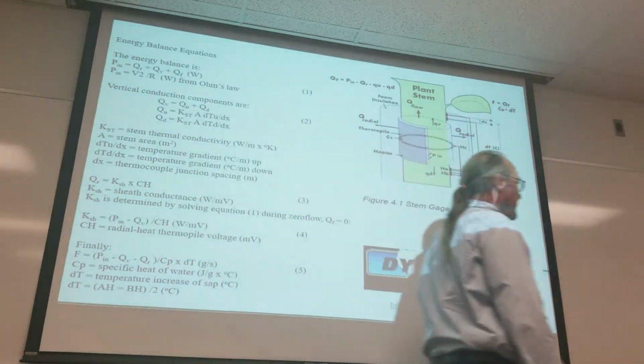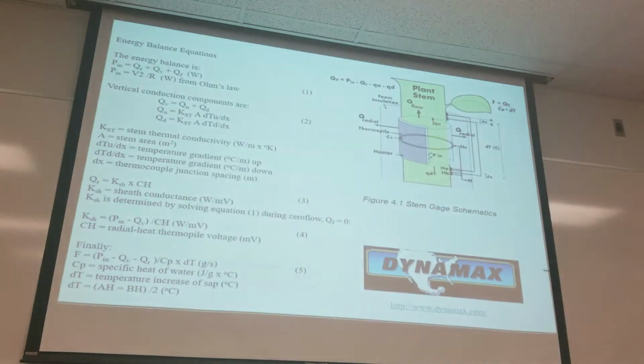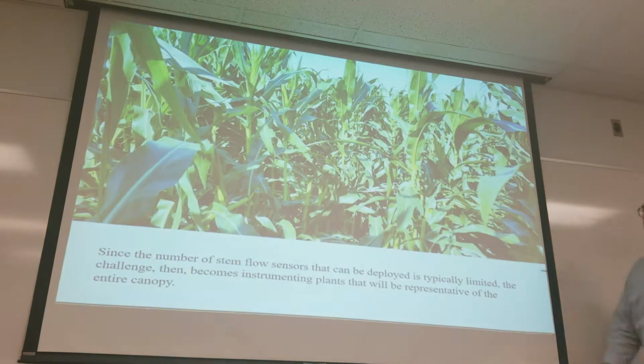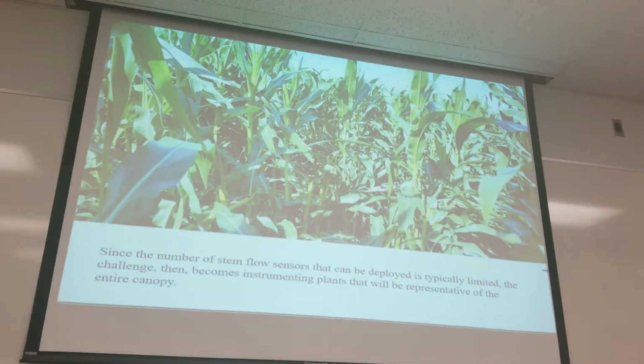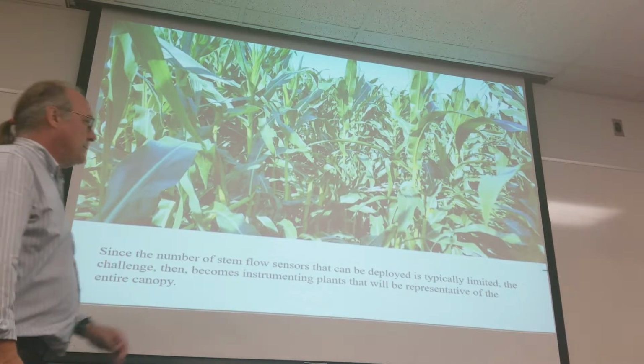And as I say, you can use this technique to quantify the water use of an individual plant in a canopy. Then if you know how many plants are in a canopy, you can scale up that way, right?